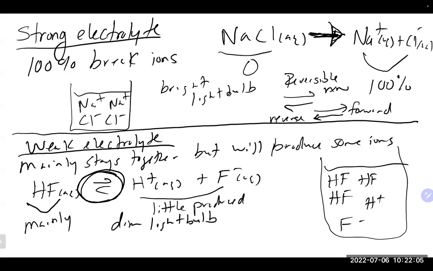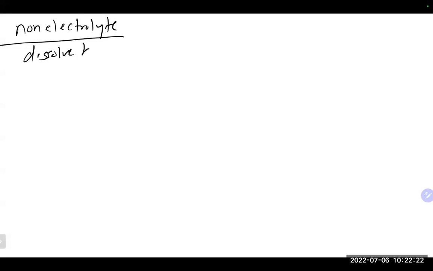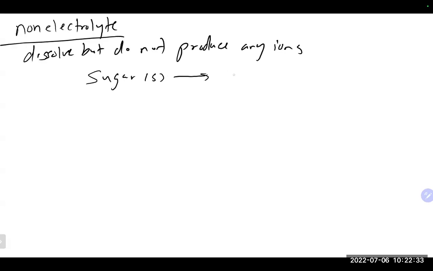Any questions on that? Now, there are also non-electrolytes, which do not produce any ions. They do dissolve, but do not produce any ions. If you took something like sugar and put it in water, it would dissolve, but because sugar is basically carbons, hydrogens, and oxygens covalently bonded together, you will not produce any ions.